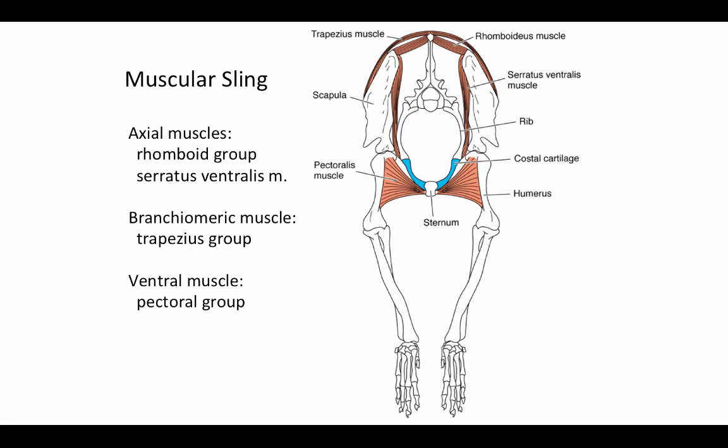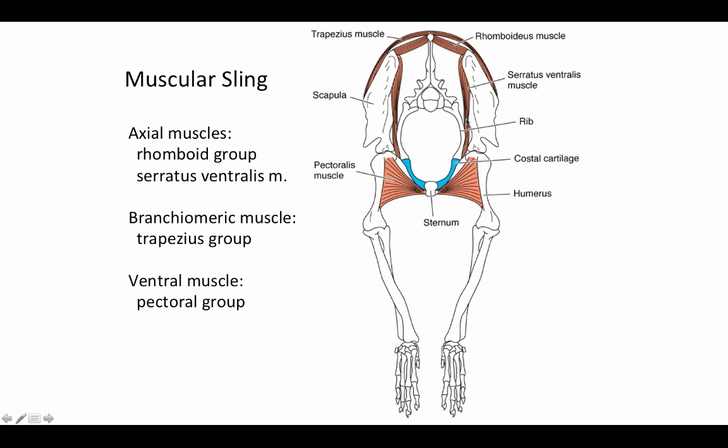So the main muscles that we're talking about, again, from the axial muscle groups are the rhomboids, attaching to the neural spine and out to the more dorsal tip of the scapula. The serratus ventralis, which I hope you all saw in your cat, goes from the internal part of the scapula and attaches down to the ribs.